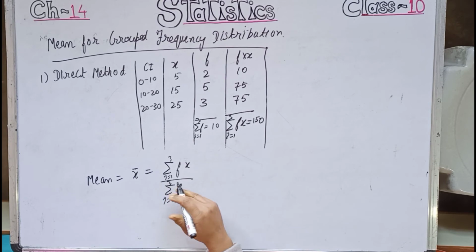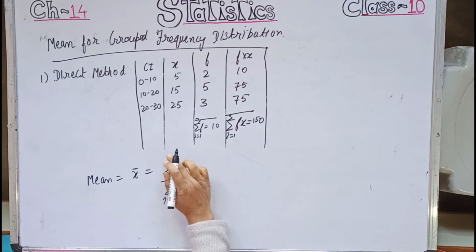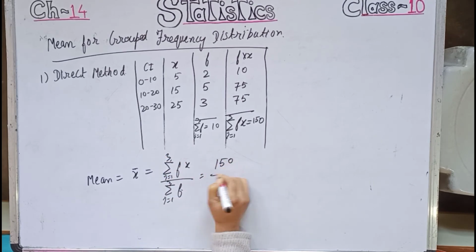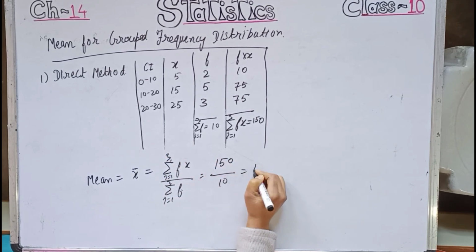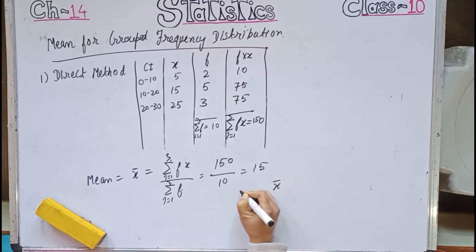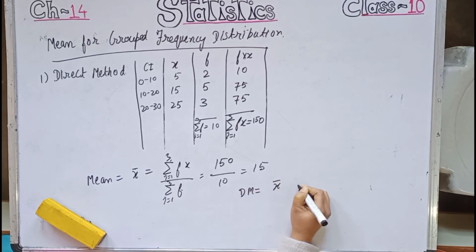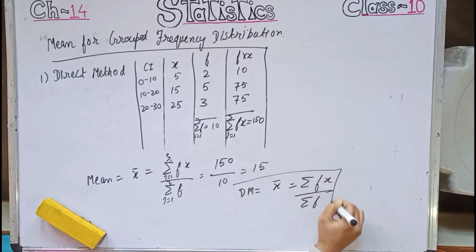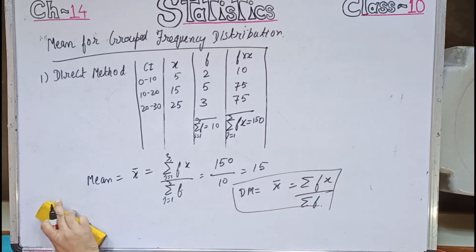So if you wish you can write it, or you can directly do it with the summation sign as well. So over here summation fx is 150 and summation f is 10. So mean equals 15. So in the direct method, the formula, keep in mind, is mean equals summation fx divided by summation f. Write it somewhere.